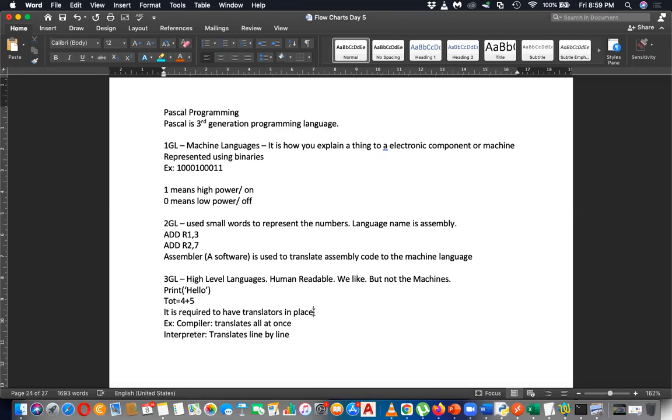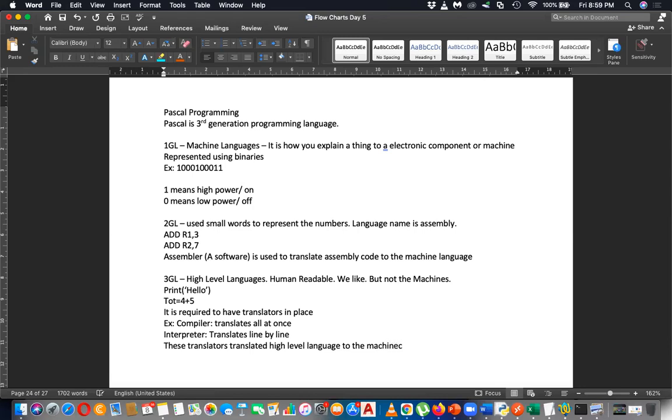So why do you use translators? These translators translate high-level language to the machine language.